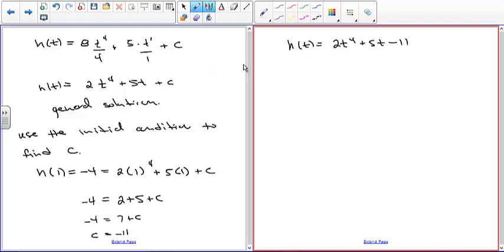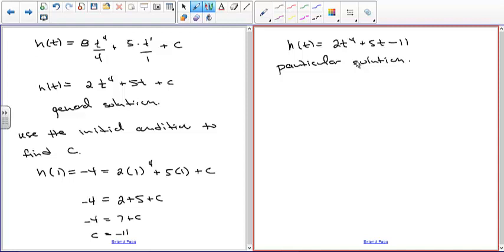And we call that the particular solution. That's the solution that doesn't have an arbitrary constant. The general solution gives you a family of solutions. They all look the same, except they are vertically displaced from one another.